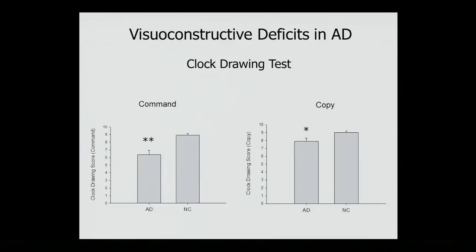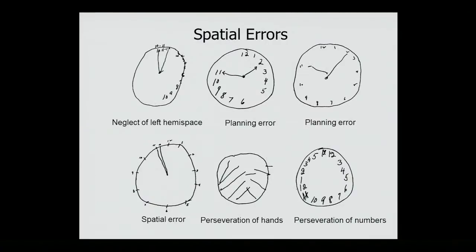What we see in patients with Alzheimer's disease is that they're clearly impaired compared to control subjects on clock drawing command performance. But they're also impaired even in the copy condition, though they're worse in command than copy, which implies there may be an additional conceptual deficit on top of a visual constructive problem on this task.